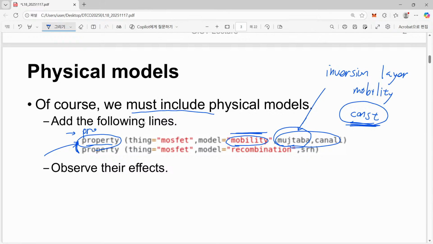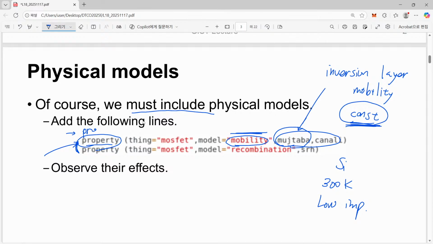If we just say constant mobility model, then usually what people do is measure our silicon material at a given temperature and low impurity density.